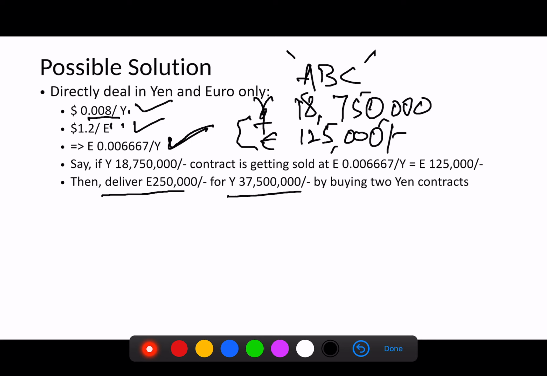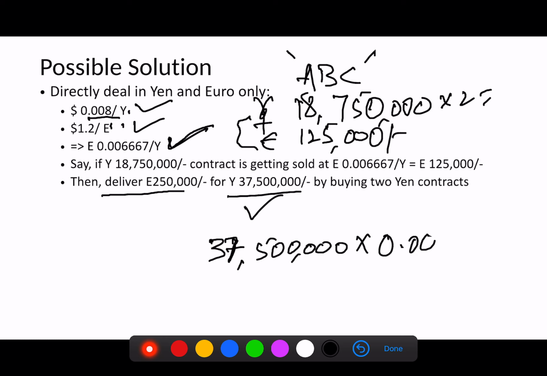Simply, if you multiply this 18,750,000 by 2, you will get 37,500,000. And how many euros do you need to pay? You simply multiply 37,500,000 by 0.006667, which is approximately 250,000 euros.